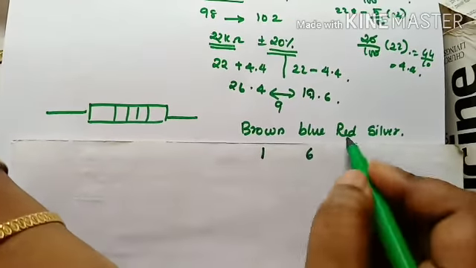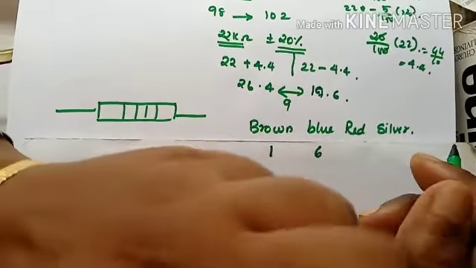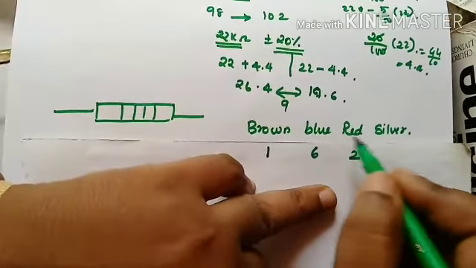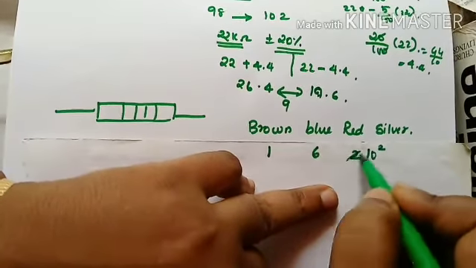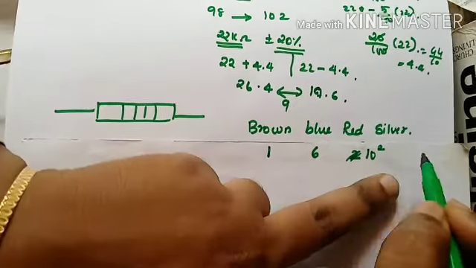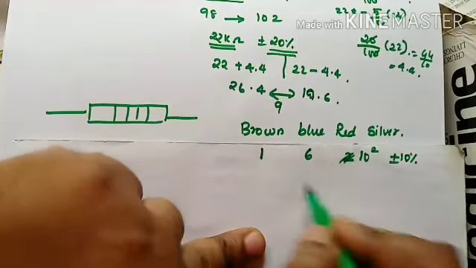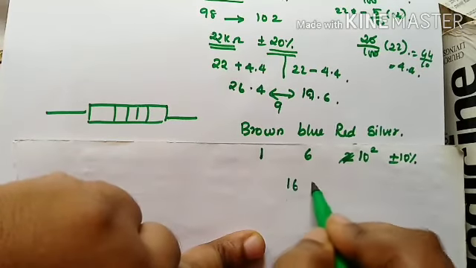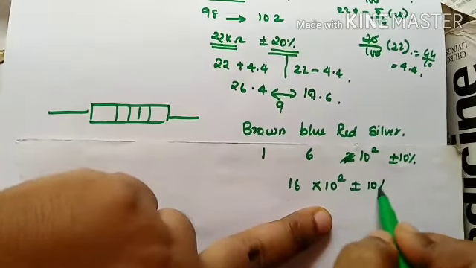Then red, it is 0, 1, 2. So 2. But the third band is what? A multiplier. So in place of 2 I have to write 10 to the power 2. And silver indicates a tolerance of how much? Plus or minus 10%. So the actual value of a resistance with a color code like this is 16 into 10 squared plus or minus 10%.